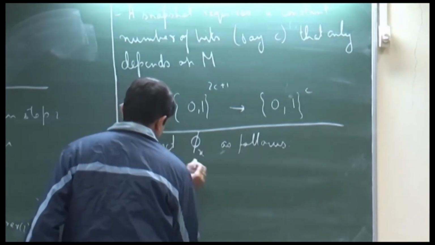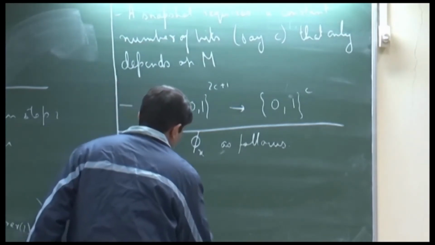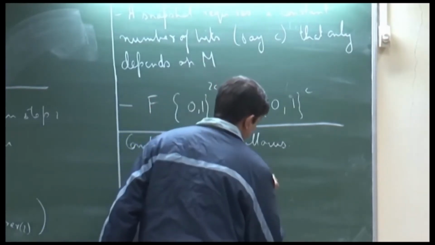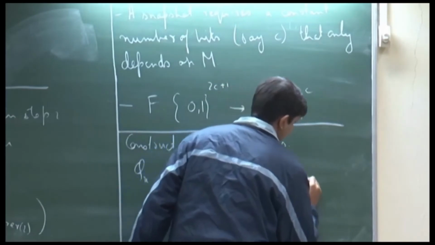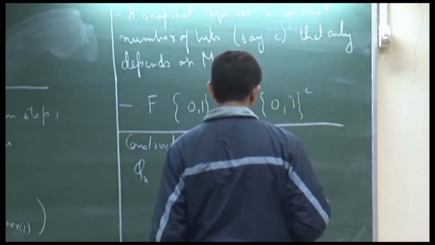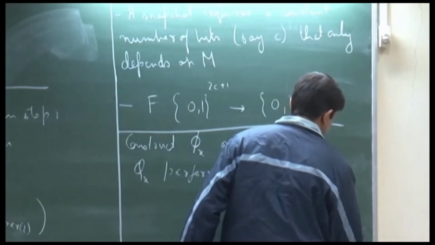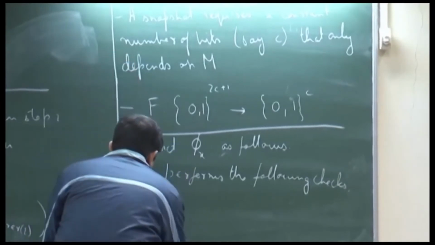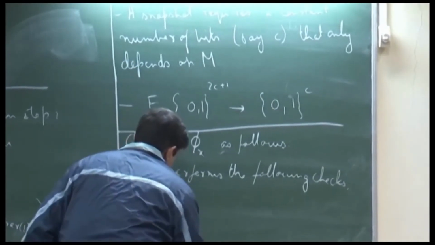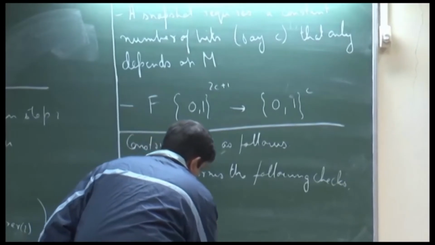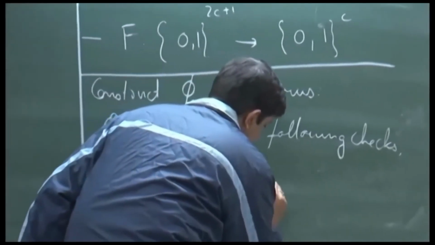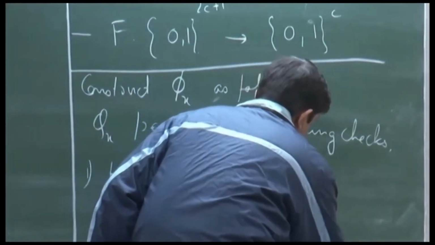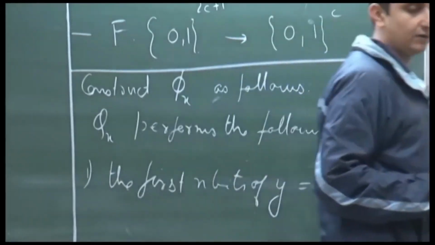Phi of x performs the following checks. So, firstly it checks whether the first n bits of y is equal to x or not.